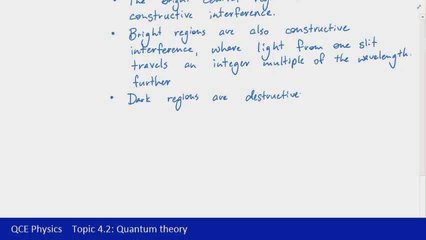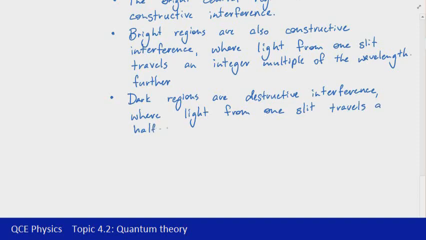Now the dark regions are basically going to be destructive interference. It's a bit difficult to explain this idea without getting into the maths of it, but basically light from one of the slits is going to travel a greater distance that basically corresponds to a half or 1.5 or 2.5 wavelength difference further than the other, and so we're always going to have peaks meeting troughs, and as a result destructive interference.